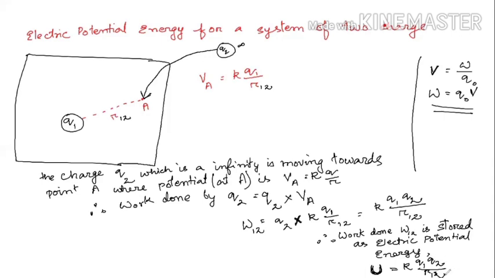So this is the amount of potential energy stored between a system of two charges.